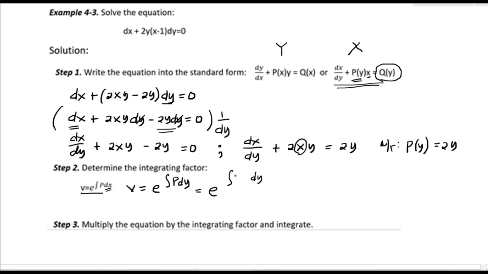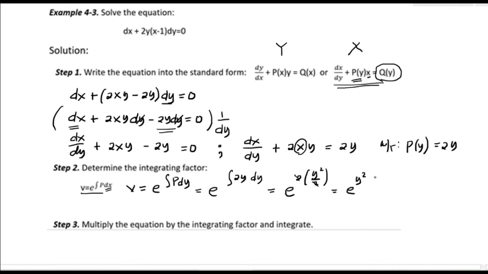Then integrate the integral of 2y dy, you will have 2, then y squared over 2, then e, cancel, then you have here y squared.